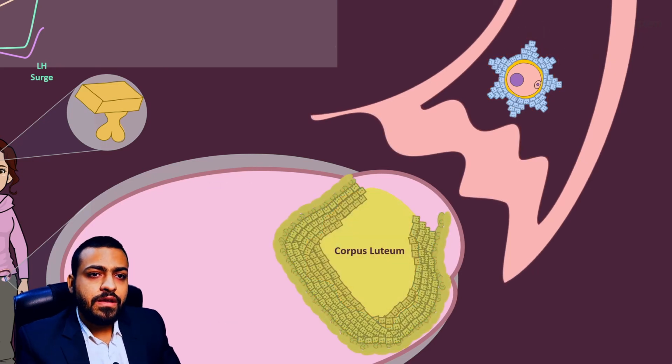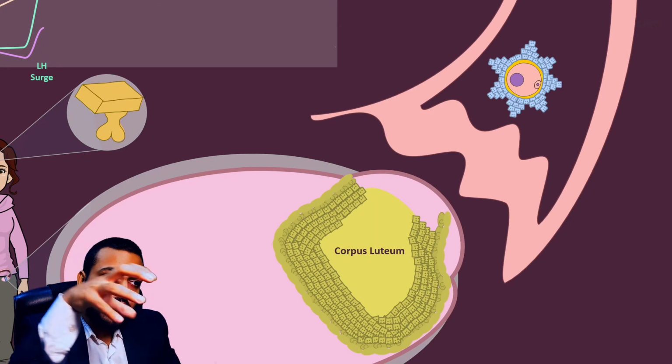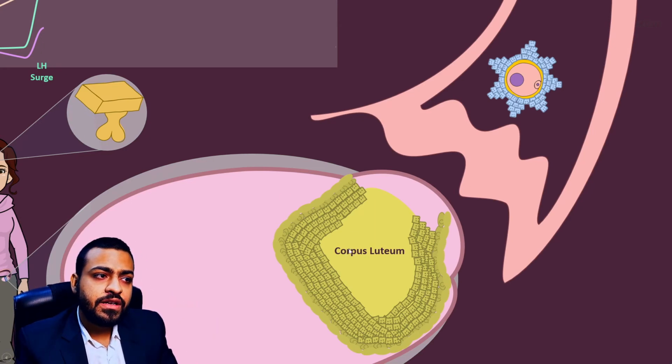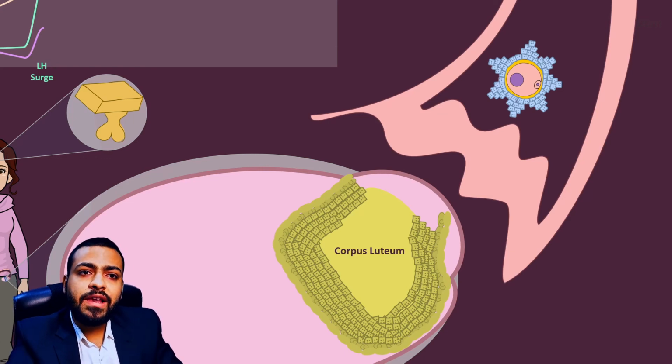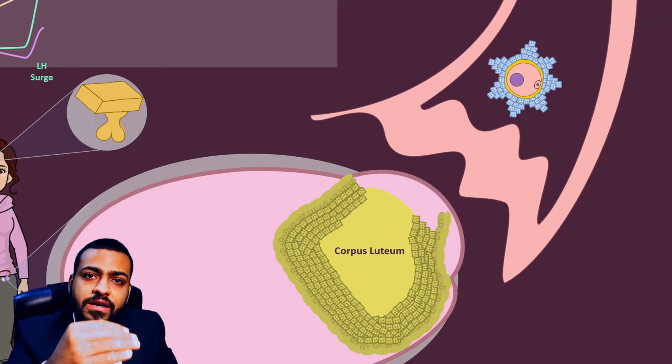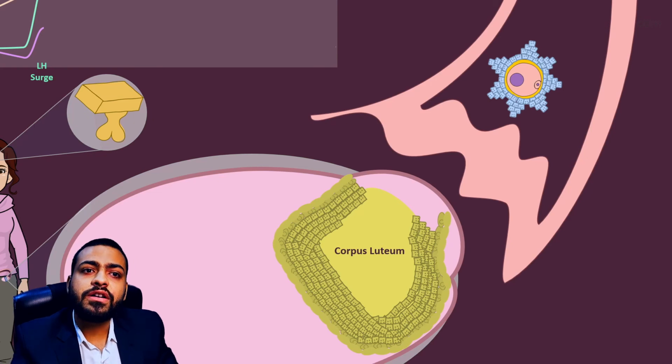So finally, when the blood clots are cleared by macrophages, along with that, LH also acts on this structure, and LH converts these granulosa cells into special cells that from now onward will mainly secrete progesterone. Previously it was secreting estrogen, now they will be mainly secreting progesterone. They will also secrete estrogen, but in much lower quantities.